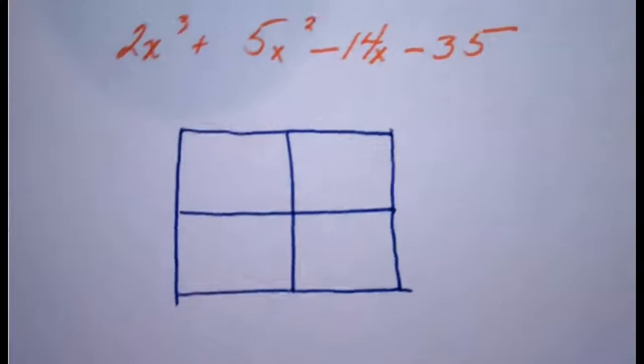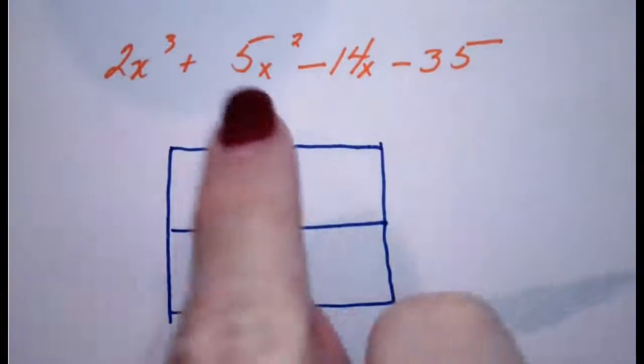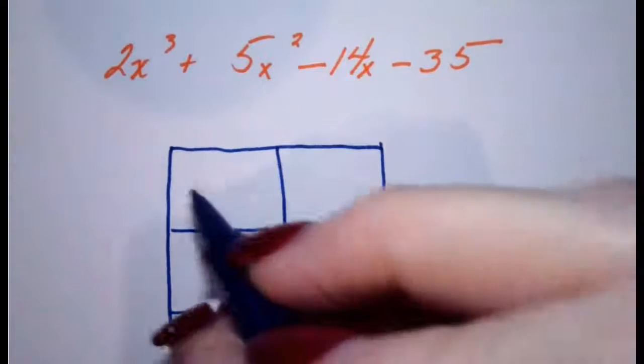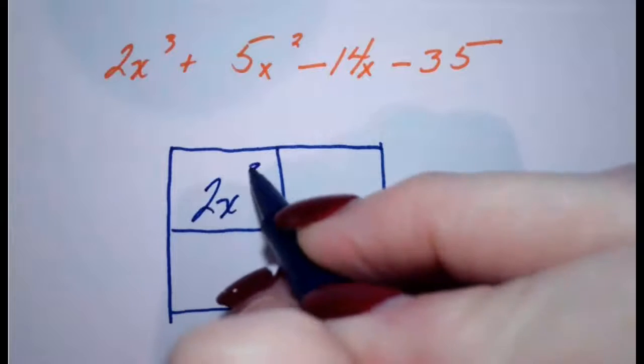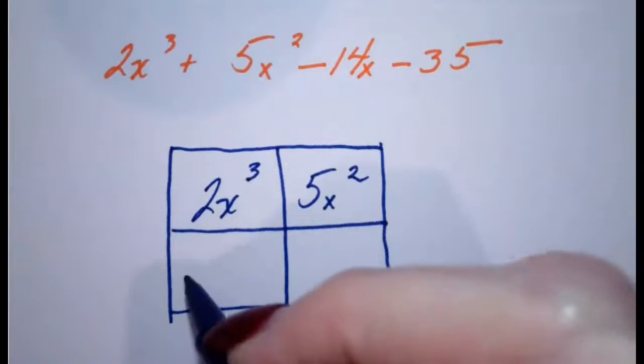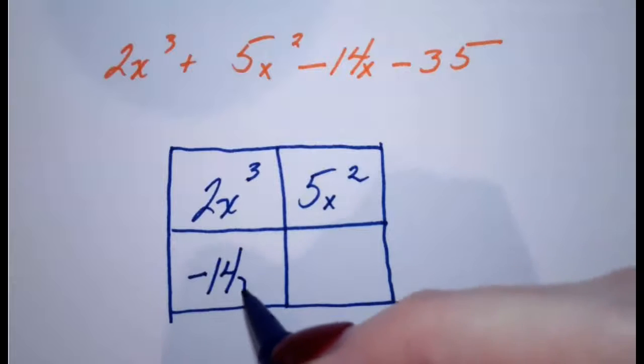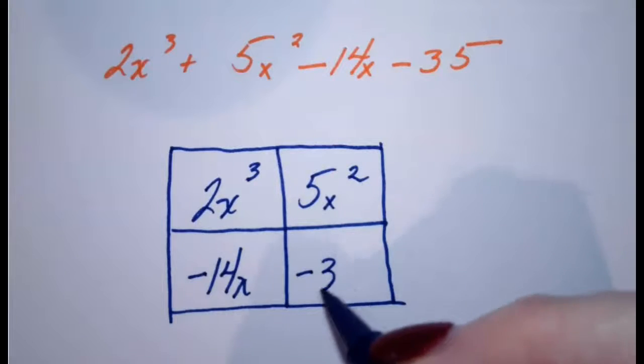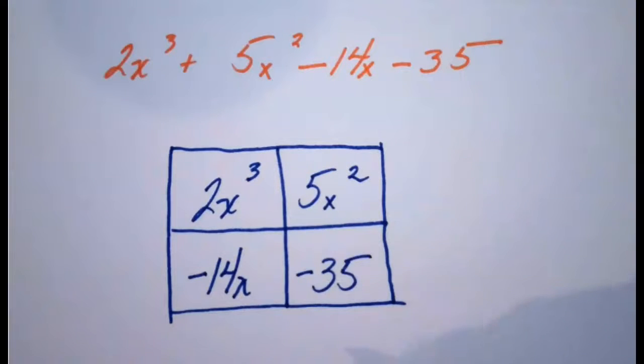Now, last one. 1, 2, 3, 4. We need a box. 2x to the third, 5x squared, ooh, a negative 14x, and a negative 35. So now we have negatives that we need to worry about.